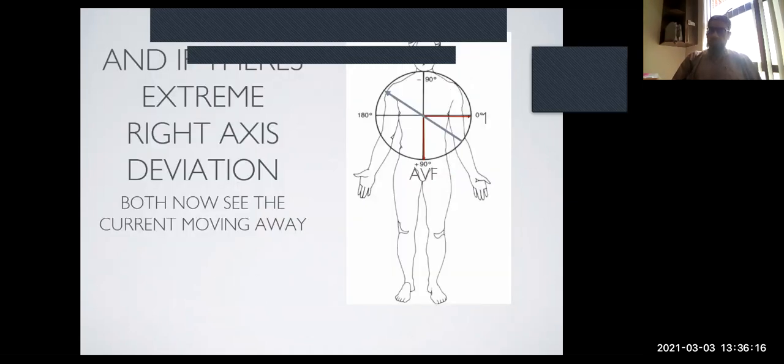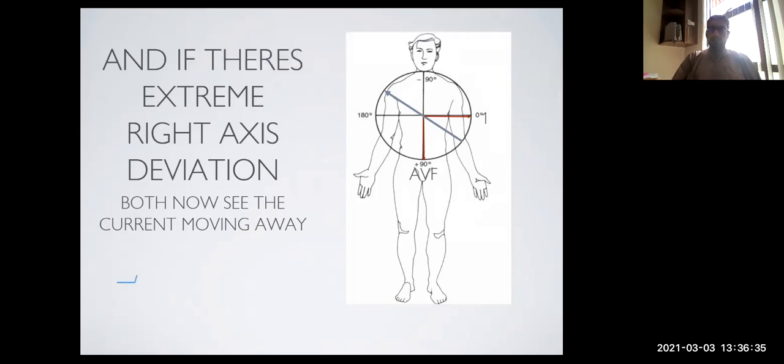Let's try the last one. So what happens if there's an extreme right axis deviation? In other words, electricity is moving into that quadrant. So it's starting on this side and going to that side. Let's have a look at lead AVF. From his peripheral vision, he sees electricity coming for a short while, just there, all right? And then he sees electricity shooting off. So he sees a little bit towards him, and then he sees it going off and running away in the opposite direction, all right?